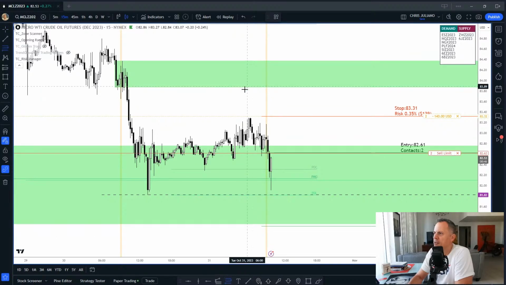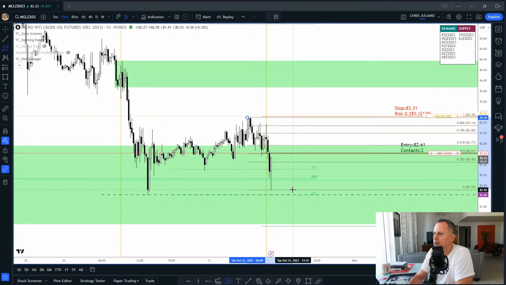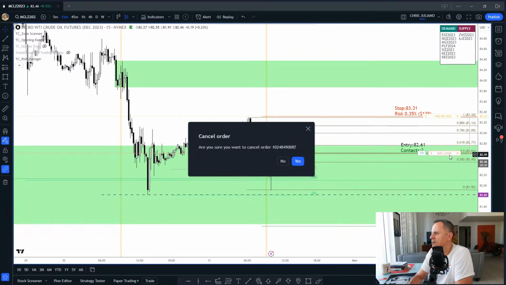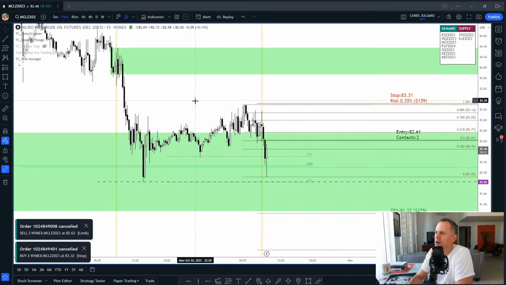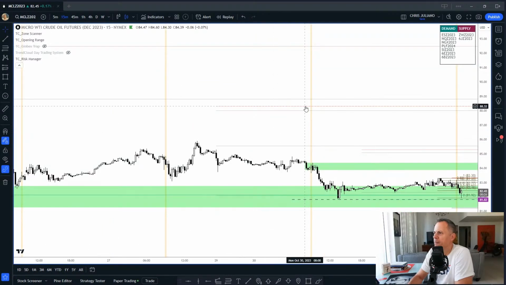Let's put Fibonacci on there. Swing high. Yeah, I don't like this one bit, guys. I don't even want to simulate that, because look where we are here. We're in consolidation on that 15-minute chart.